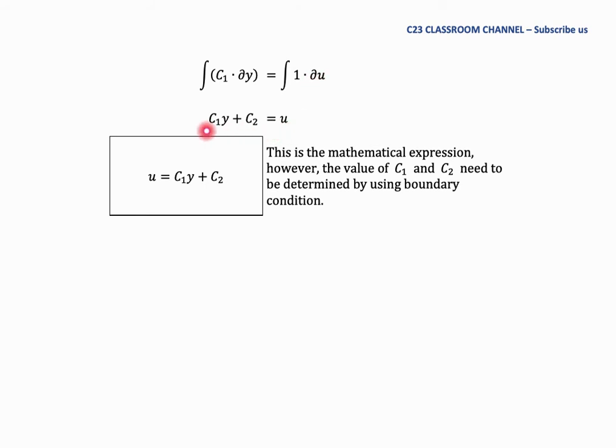So this is the final term we get to show the velocity profile of the two plates. We could write it as u equals c1y plus c2. However, c1 and c2 are constants. So we need to determine the values of c1 and c2 by using boundary conditions.